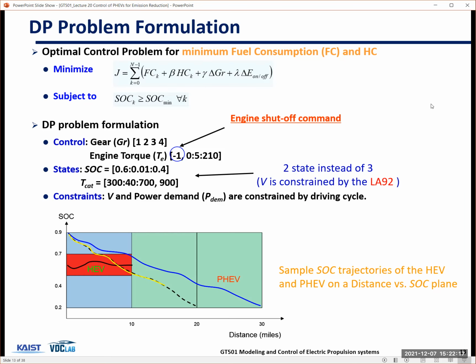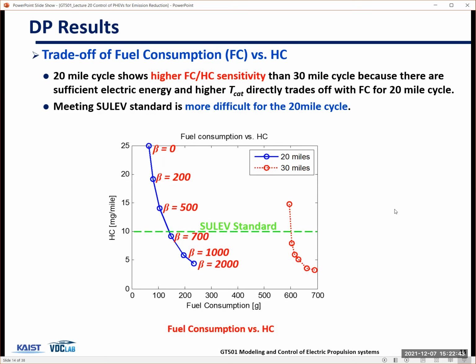So that's like 12 MATLAB running simultaneously. Anyway, so this is the DP problem, and then these are the results.